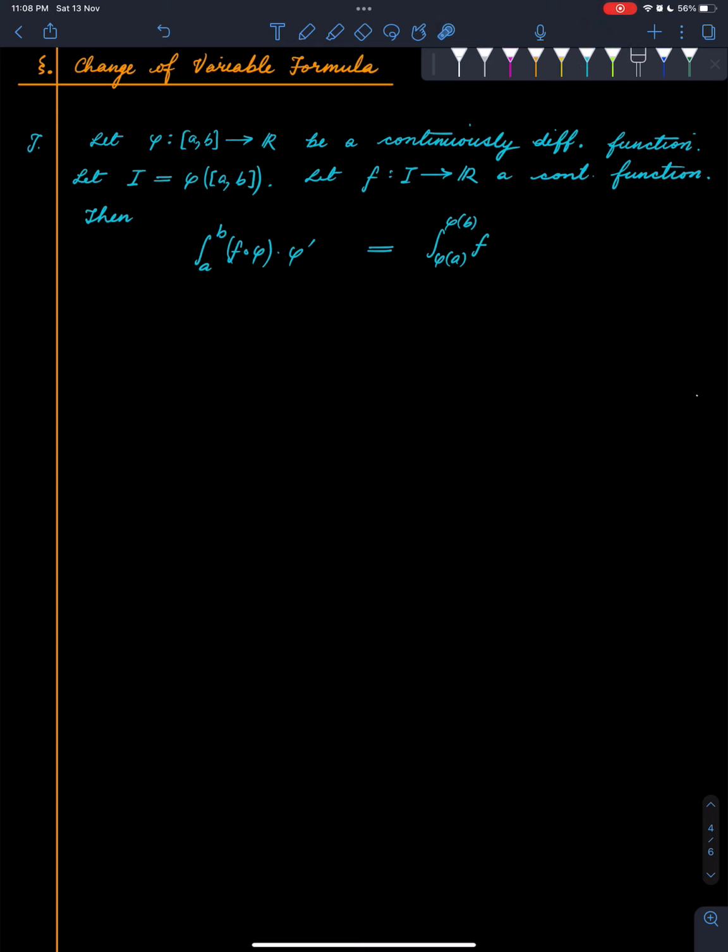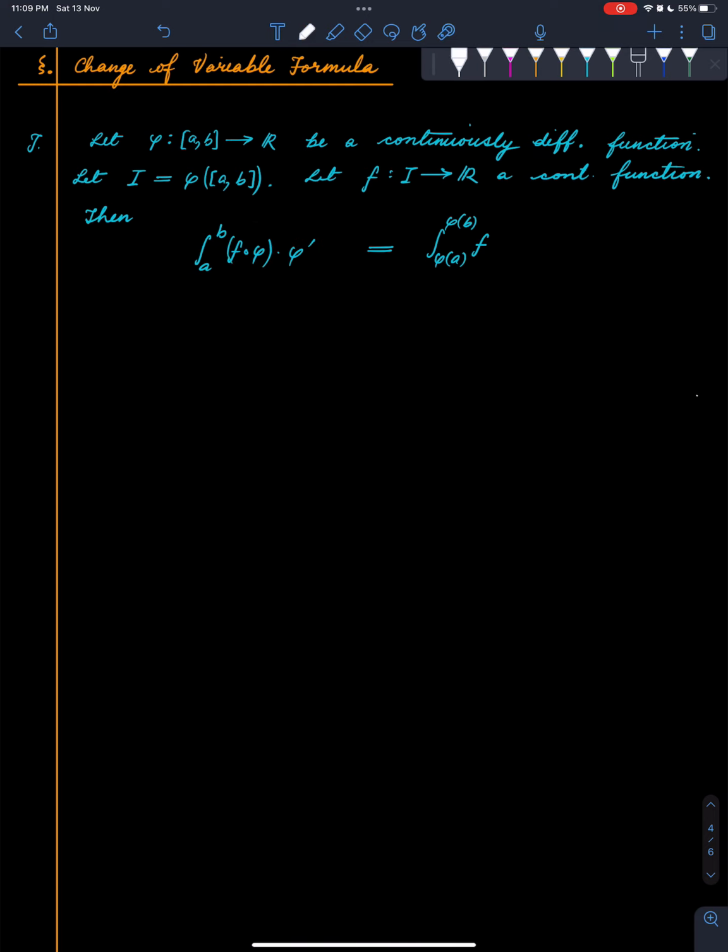And here it is completely possible that phi a is greater than phi b. So this is the convention we introduced at the beginning, so you use that convention here. It is also possible that phi a equals phi b, in which case this is 0. So here what we have is the pointwise product of this function with that function.